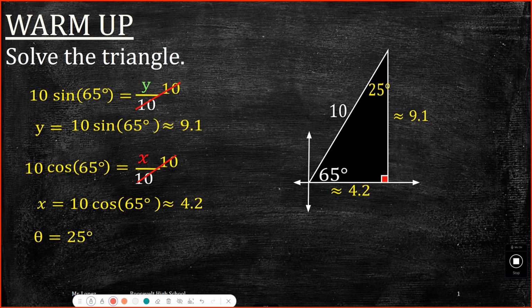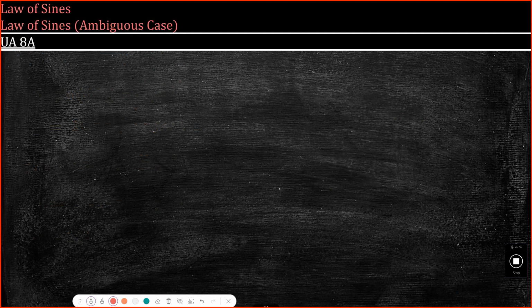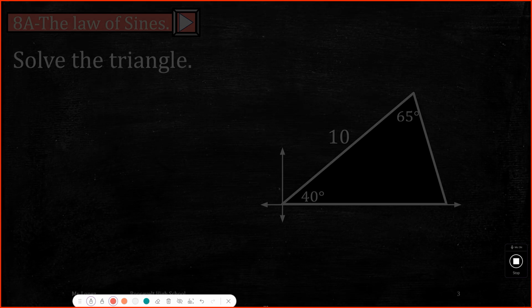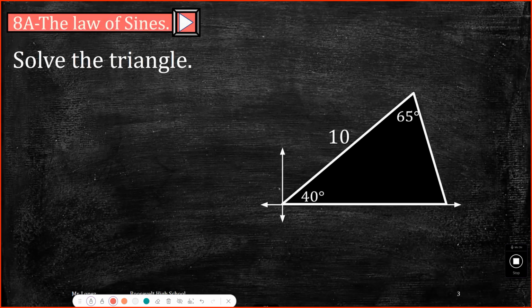Okay, so now unit 8. I think this is going to be unit 8. Unit 8 is going to be the law of sines. And we're going to solve this triangle. The difference between this problem and the warm-up problem is that we don't have a 90-degree angle.